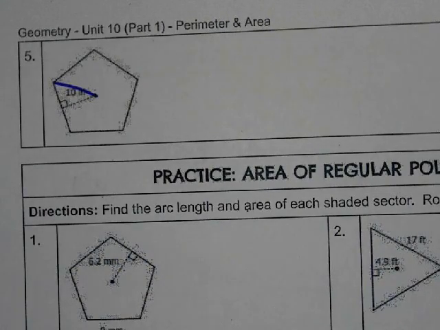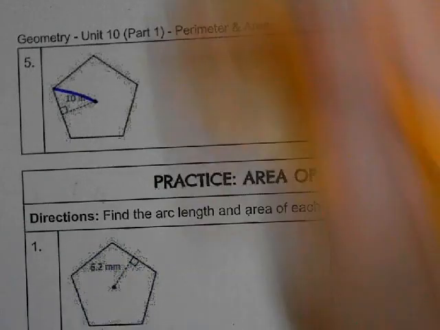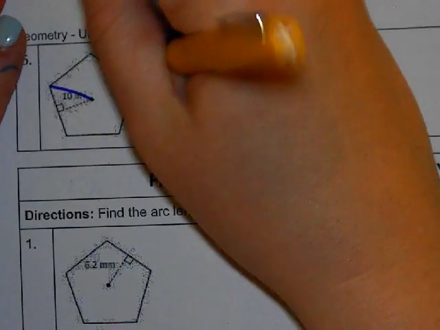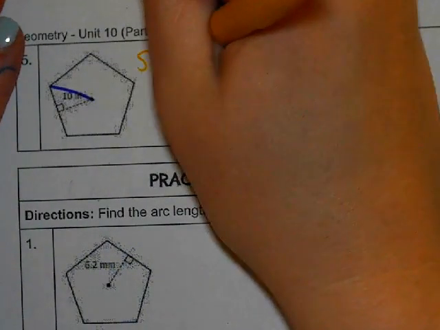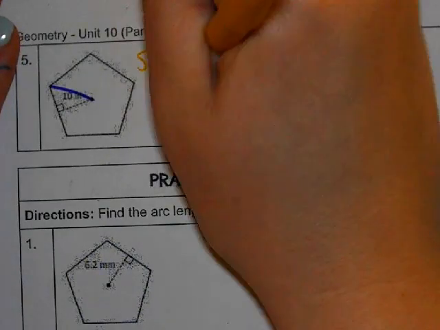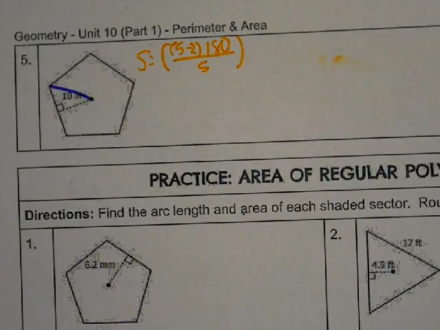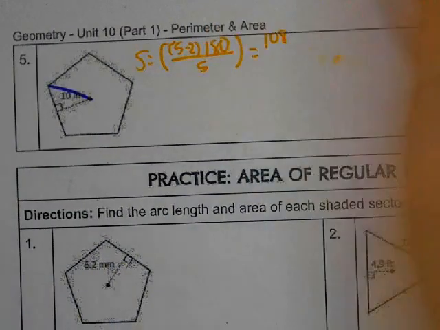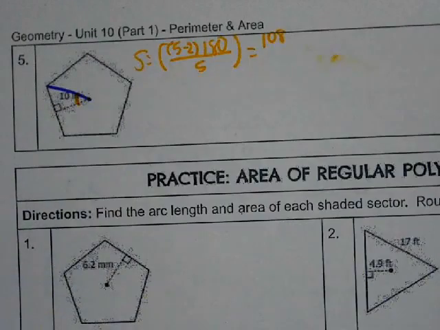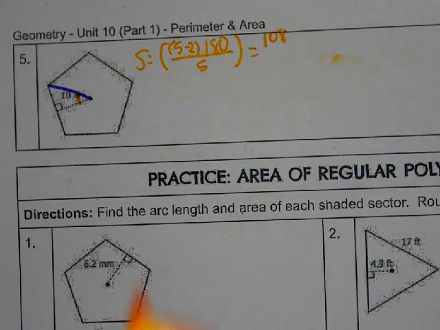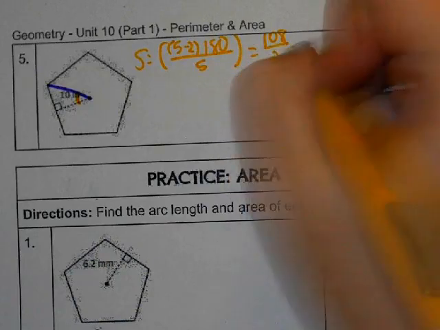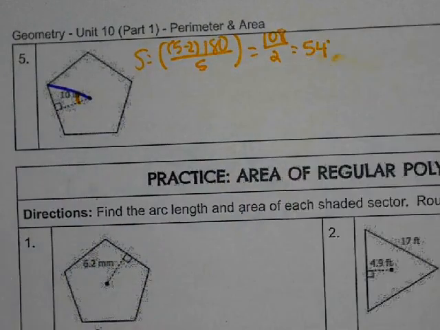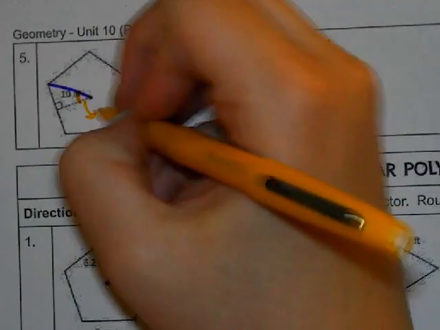So I've got 5 sides here. So S is equal to 5 minus 2 times 180 all over 5. If I type that in my calculator, I'm left with 108. And because that is only half of the angle that I need, I'm going to divide in half. And that gives me 54 degrees. So that means this angle is 54 degrees.